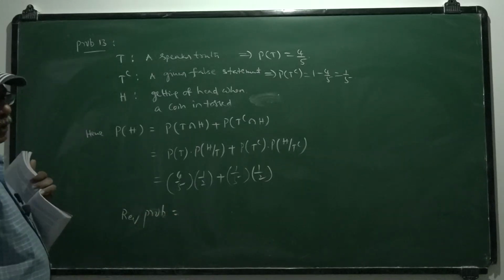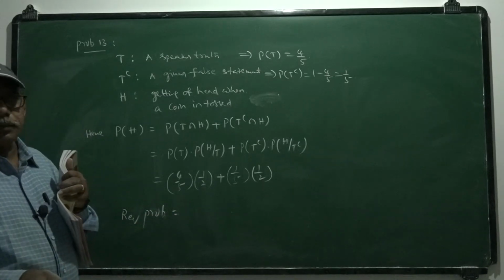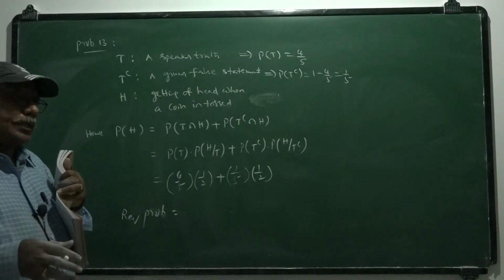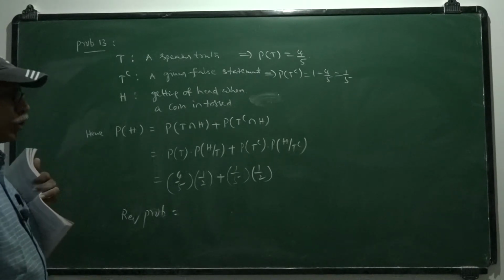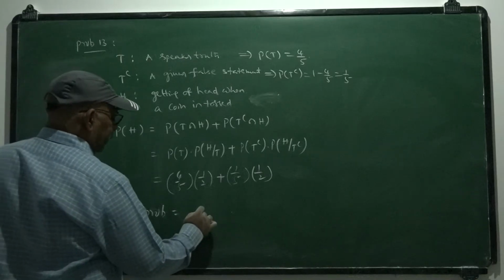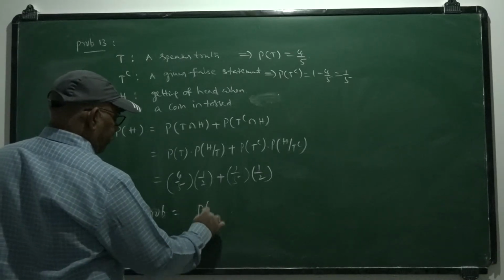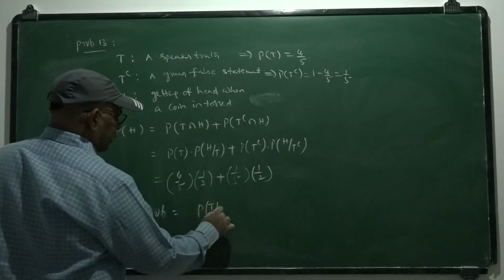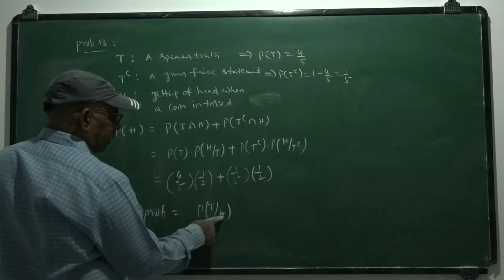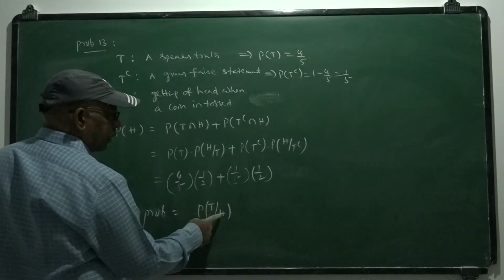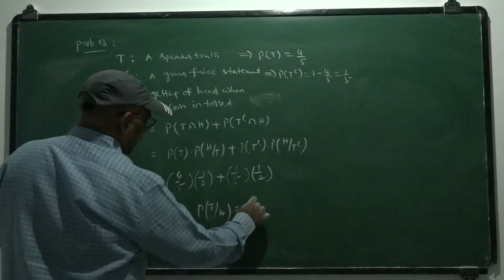The required probability is: he reports head and actually it is head, he speaks truth. That means probability of T on the occurrence of H. Once head is upward, it was true.